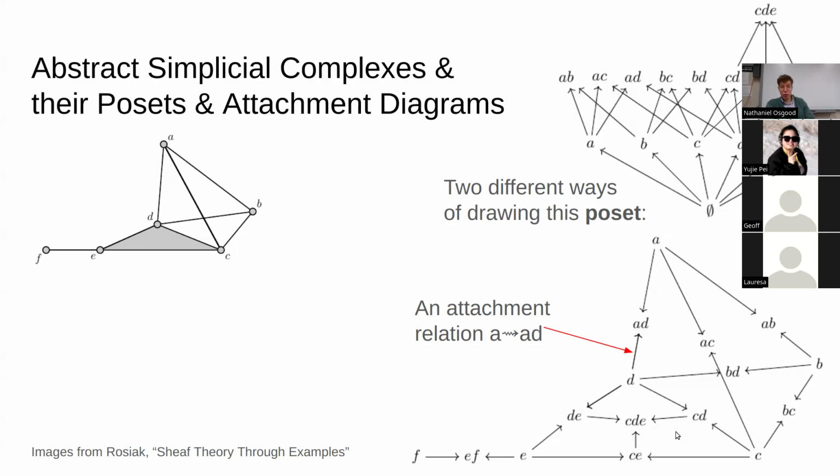It's just that this is drawn in a way that its geometry mimics this. Do you see that? Right? And the point is this edge AD here is explicitly called out for being edge AD, and there's attachment relations explicitly shown that are only implicit here. Are we comfortable with this?